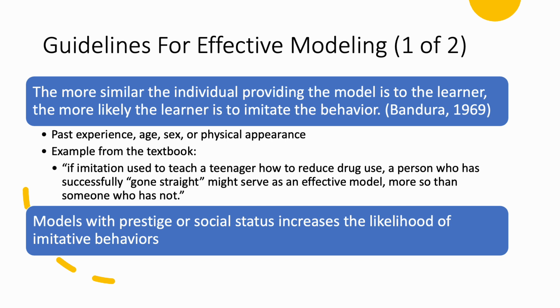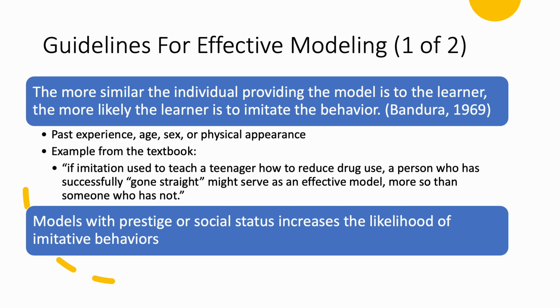There are some guidelines for effective modeling, which will help us to prepare models that are more likely to be copied or imitated by our learners. This applies for both live models and video models. There was some research conducted, and they found that the more similar the person providing the model is to the learner, the more likely that learner is to imitate the behavior they are observing. This could be a person that has had a similar past experience, or someone close in age to the learner.